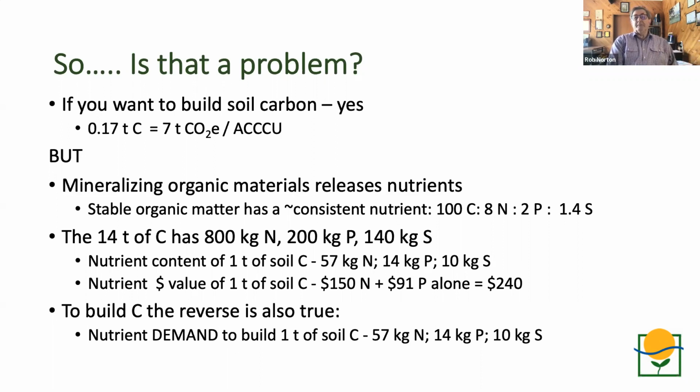There's been a bit of research looking at fertilizing to improve soil carbon. And certainly when you apply fertilizers to meet the soil microbial demand, you can build soil carbon, but it costs quite a lot of money to do that. So it would cost you $240 a hectare to build that tonne of soil carbon back up.